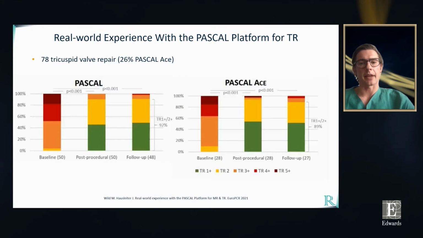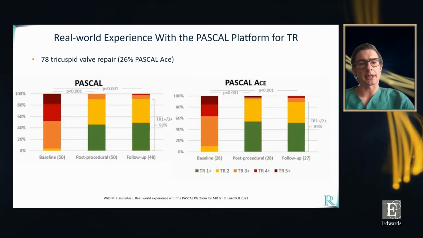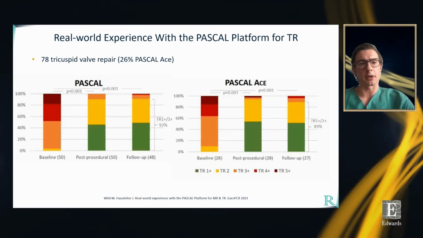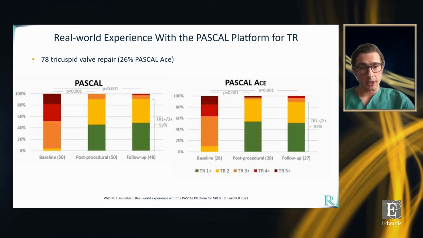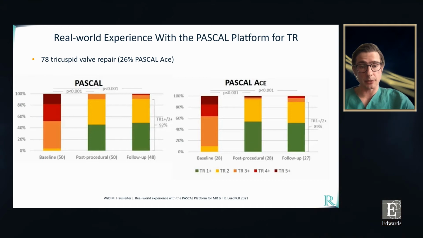And then another single center real world study from the colleagues in Munich with 78 patients. And here really fantastic results when it comes to TR reduction down to moderate or less, 92% of patients, and similar results with the Pascal ACE device.